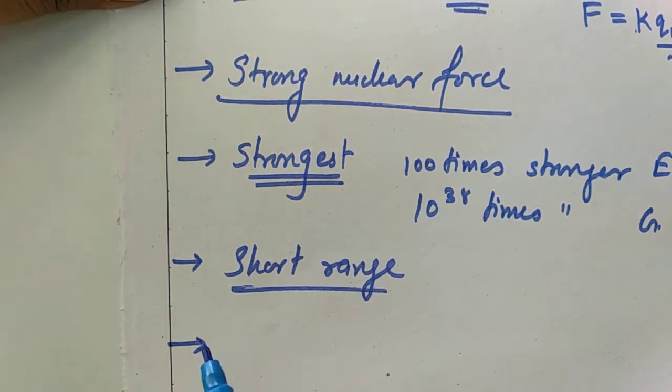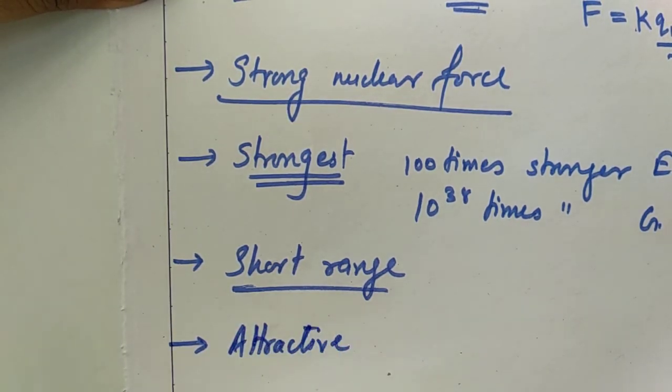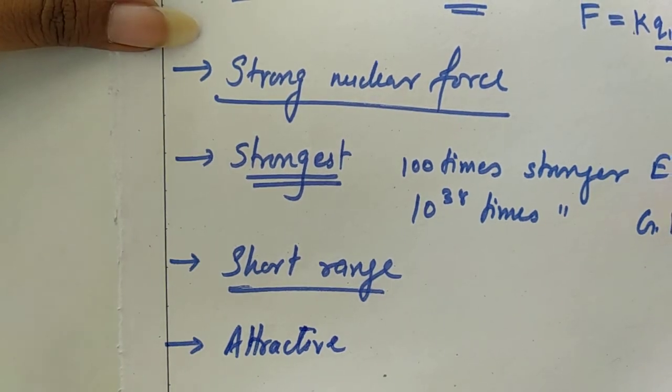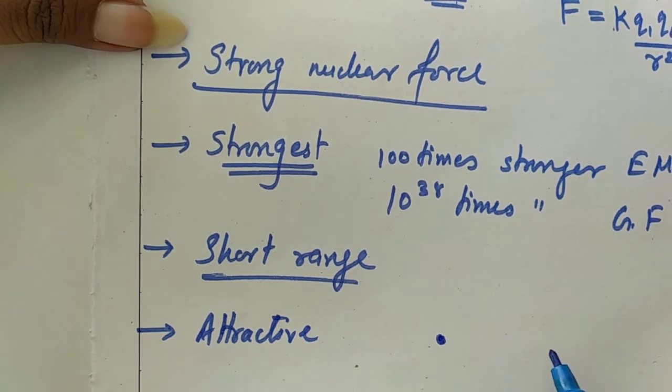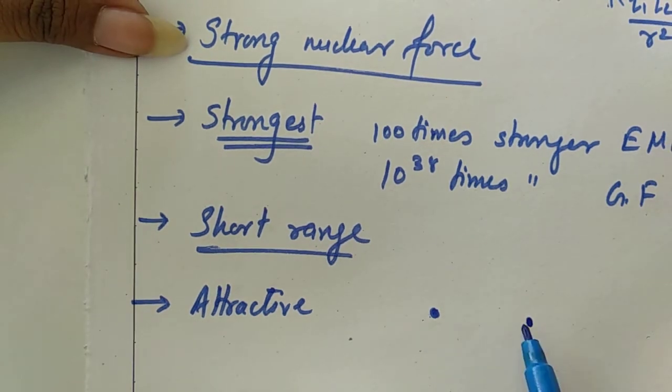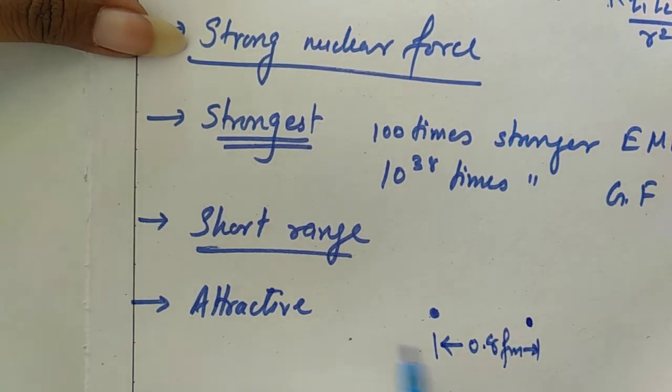Then we'll see its nature. Its nature is basically attractive, but it can be repulsive also. Suppose these are two nucleons, a common name for protons and neutrons as they reside within the nucleus. If the distance between these two nucleons is less than 0.8 Fermi, then the force will become repulsive in nature.